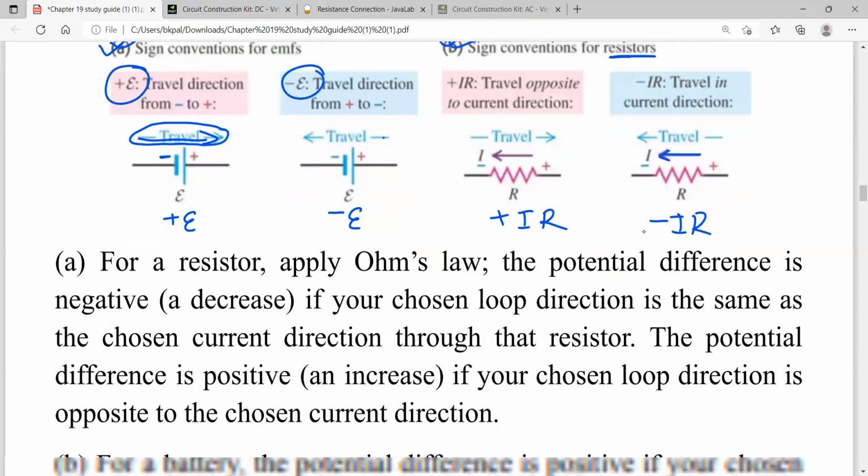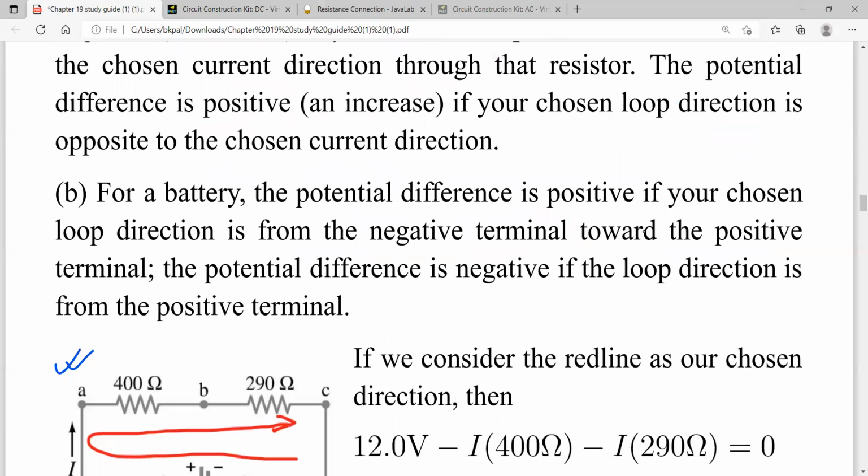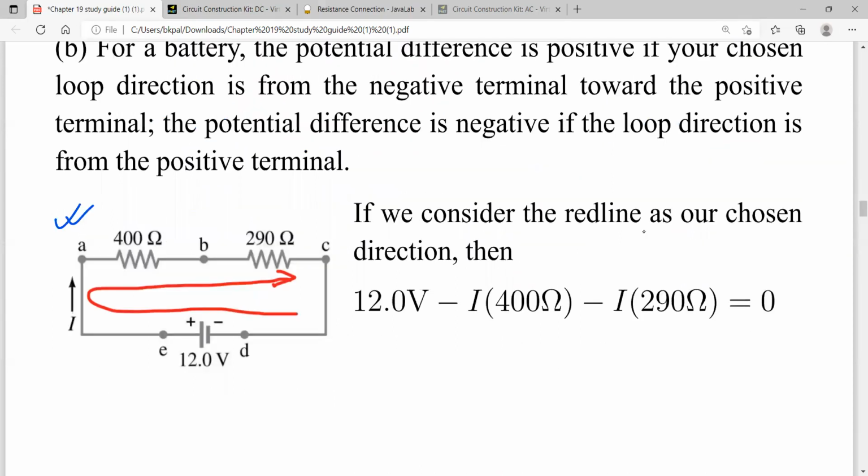For example, again, let's consider this one. If I follow this red loop, that means I walk through in this red direction, then one of the drops will be here, which is 12 volt. And you see that I'm going with the current, so the direction of the current and the direction of my walkthrough are the same.